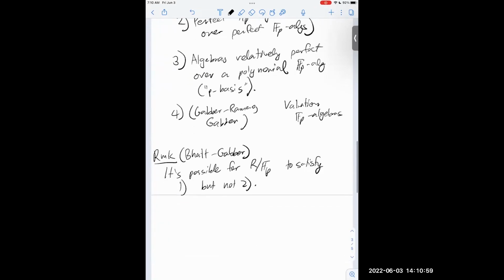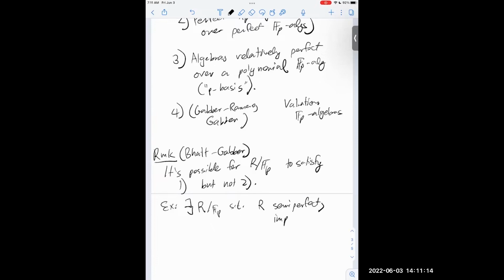Specifically, there exist algebras such that R is semi-perfect, meaning the Frobenius is surjective, but not perfect, so imperfect, with the cotangent complex of R over Fp being 0. So this will not be Cartier smooth.